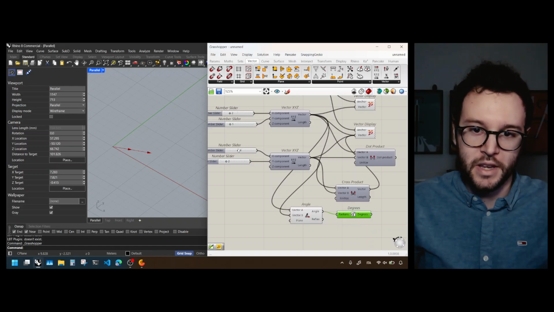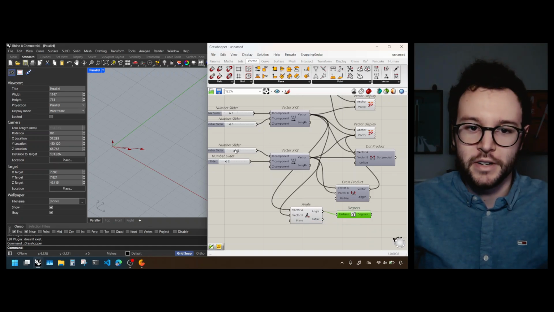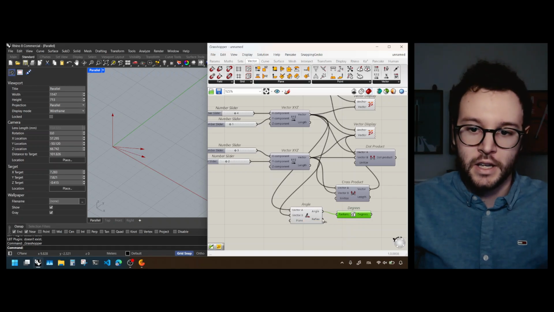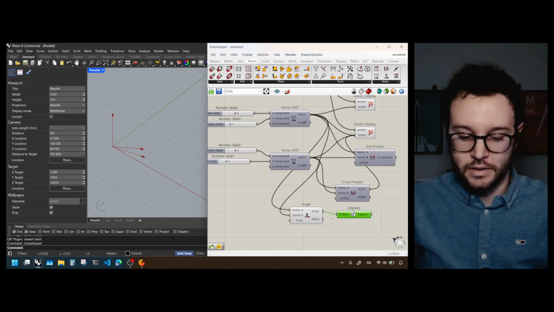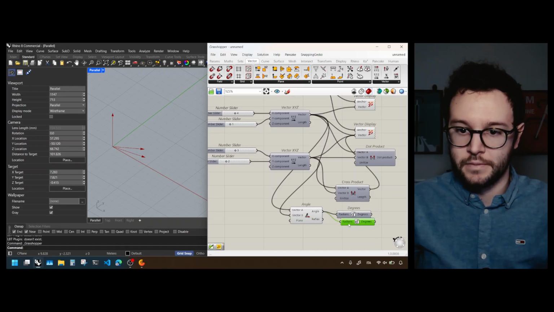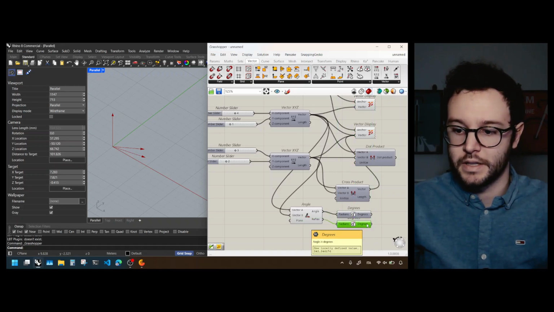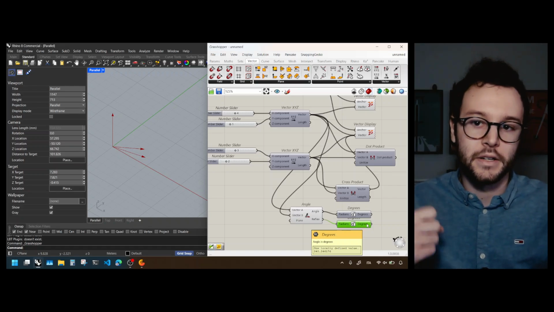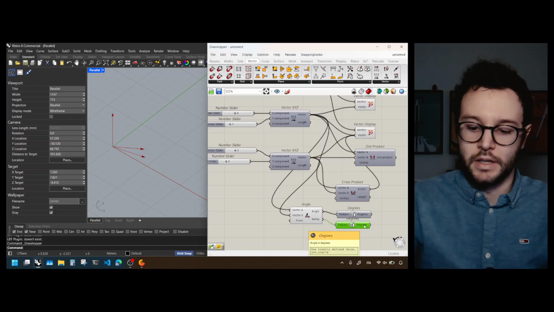So let's make two vectors which do have an angle between them, otherwise it's kind of boring. Okay, and indeed, in this case, we get 19 degrees, and we would also get the reflex angle, which is just 360, the full circle, minus the angle that we get.